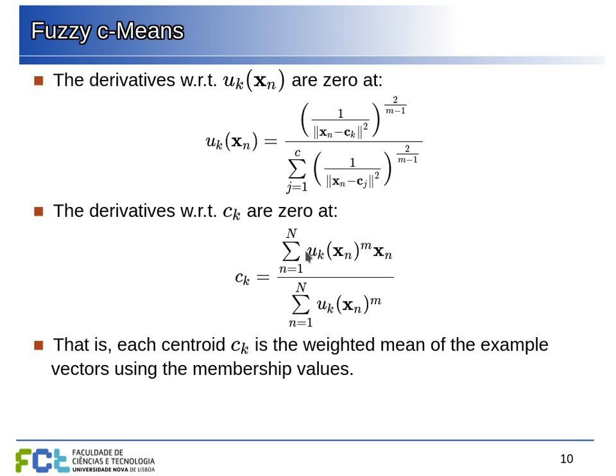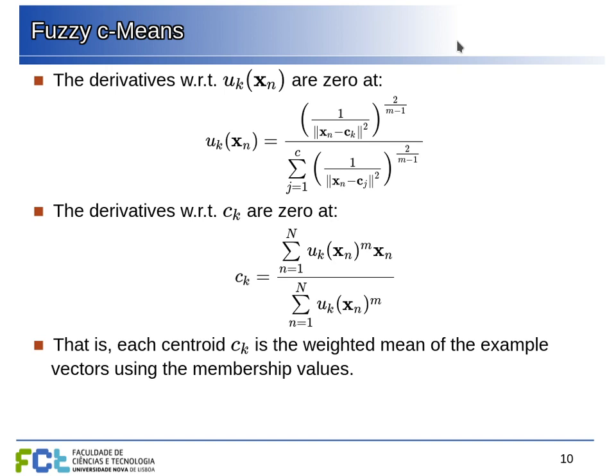But the difference here is that the points are weighted according to their membership raised to this power m. So this factor is a weighting factor that gives more weight to some points than others, and the centroid will be placed at the weighted average of all the points of that cluster, so basically all the points that have a membership greater than 0 for that particular cluster.